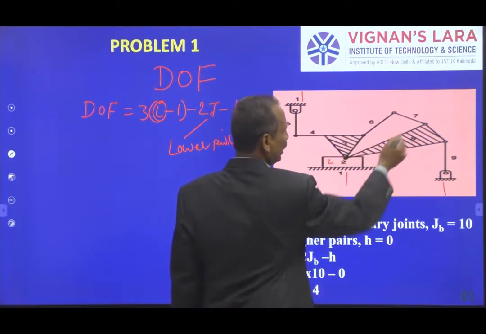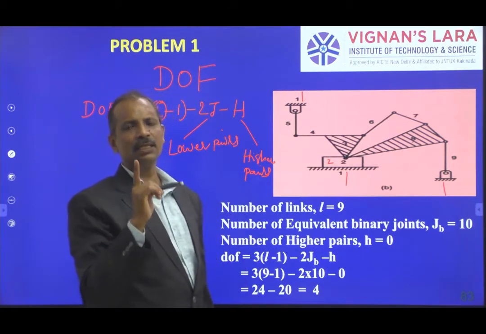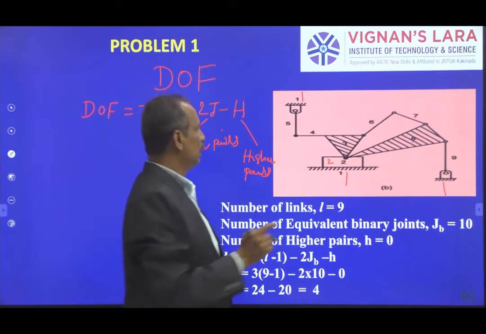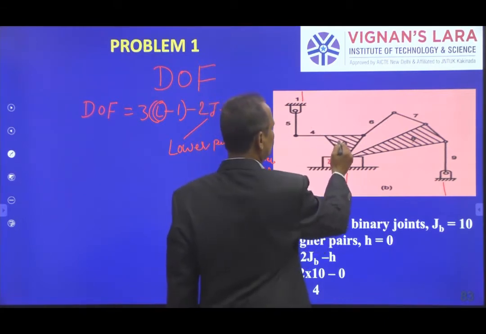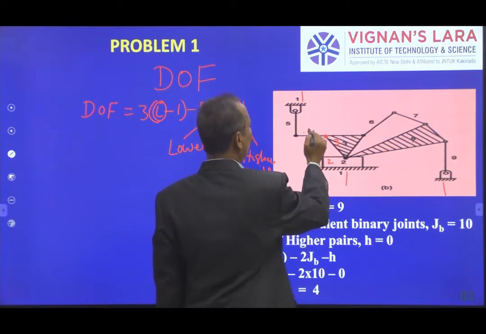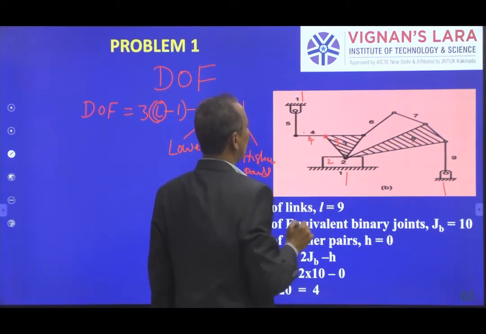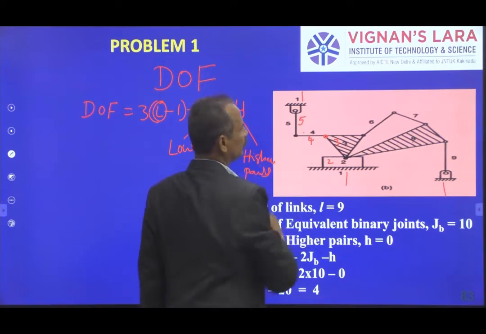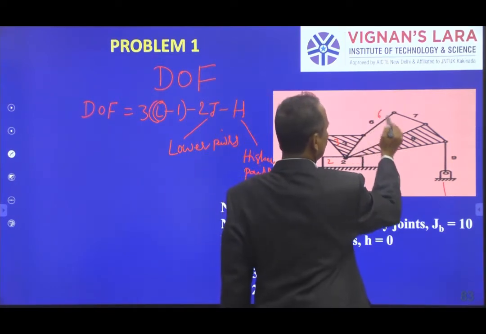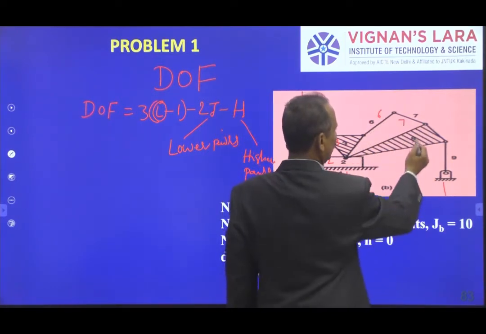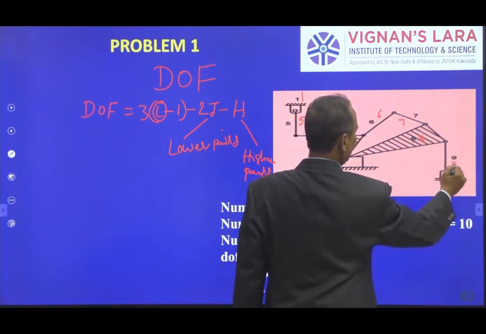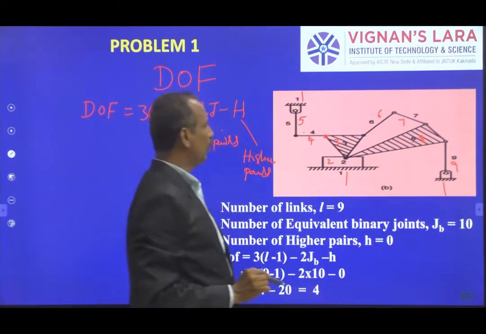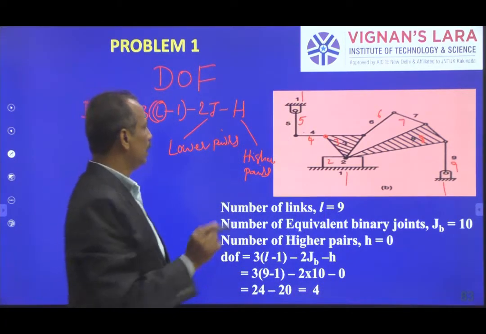Wherever there is hatching like this, that is a single link, meaning you will not allow relative motion between the links. So this is the third one, then this is the fourth, then the fifth link, this is sixth, this is 7, then one more single link, 8, and finally 9. So totally, how many links are here? Links are 9.